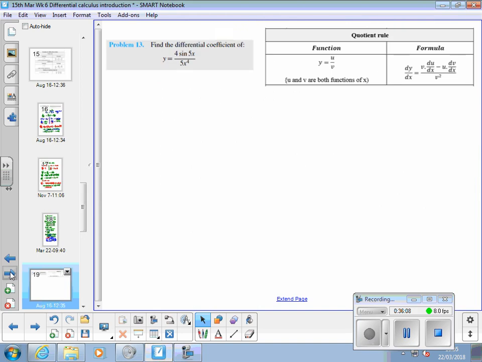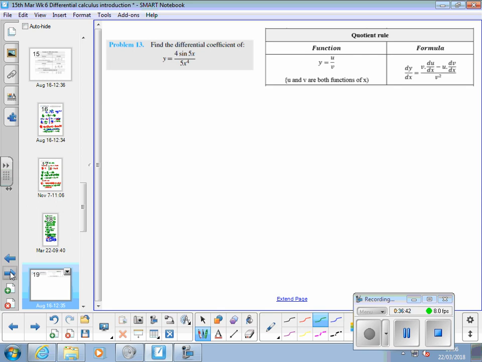Right. Move on to the quotient rule, where we've got two functions of x when one is divided by the other. So we've got a fraction. The process is similar, it's just that the formula is different, and we must make sure we get them the right way round. When we're adding or multiplying together, order doesn't matter. When we're subtracting, order does matter.